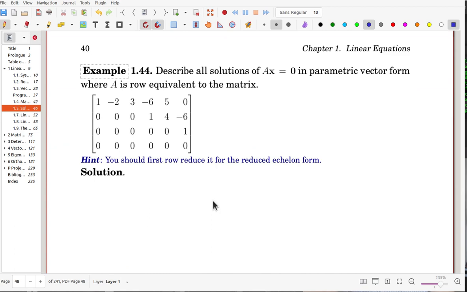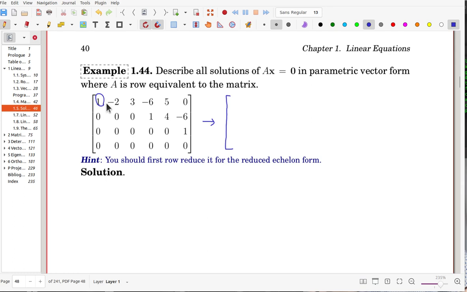Describe all solutions of Ax equals 0 in parametric vector form, where A is row equivalent to the matrix. You may consider this as A, but we apply a few row operations to get this one, but it's not yet in reduced echelon form, so we have to apply further elementary row operations.